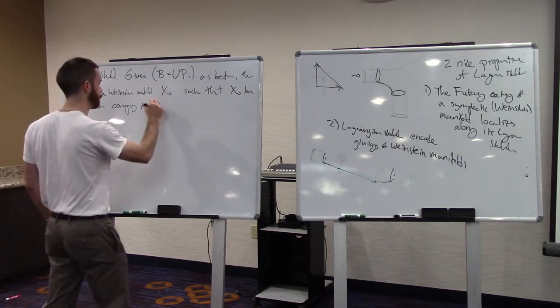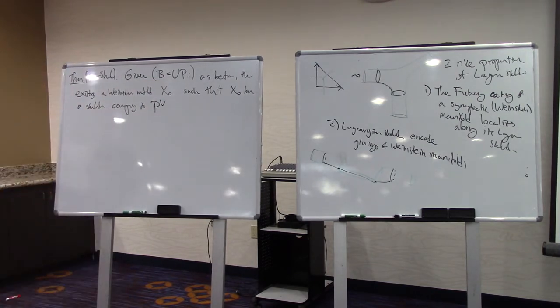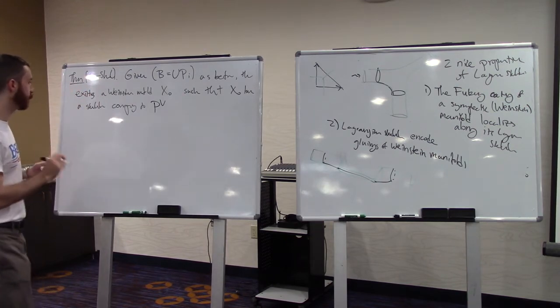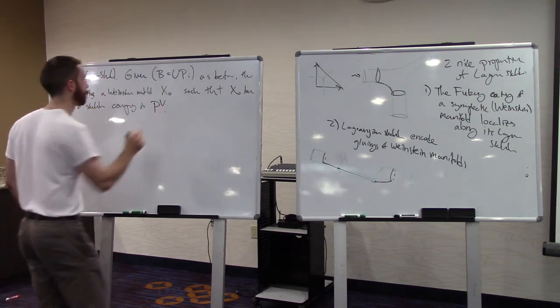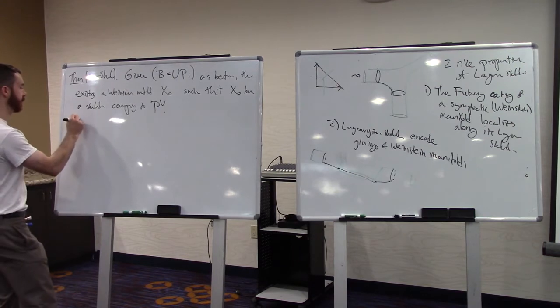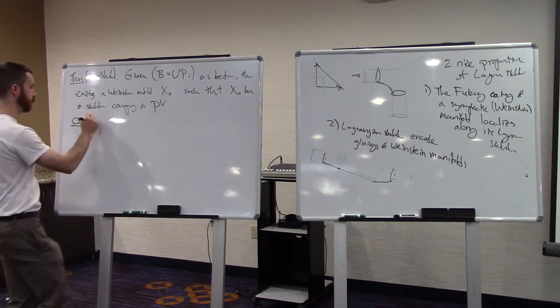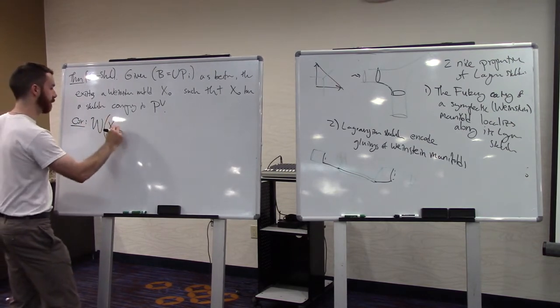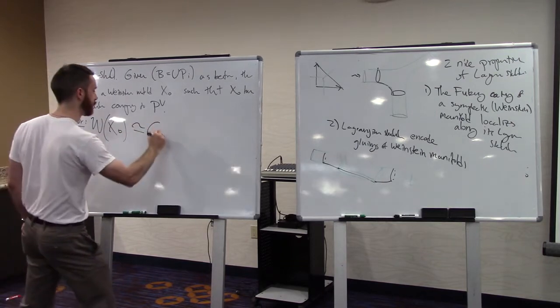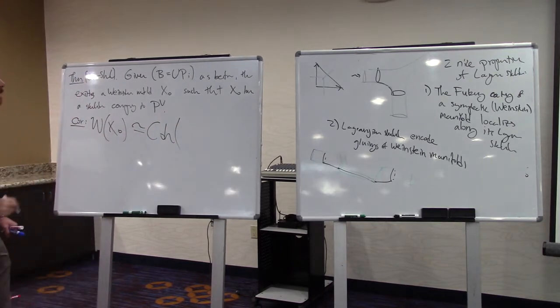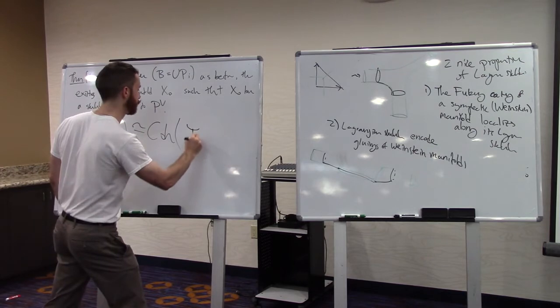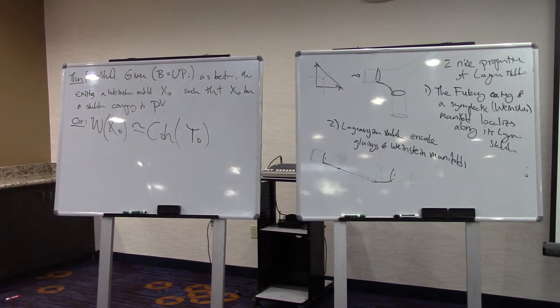So let me call that P check, the dual polyhedral decomposition, as before. And the corollary is that the wrapped Fukaya category of X0 is equivalent to the category of coherent sheaves on our initial large complex structure variety Y0.